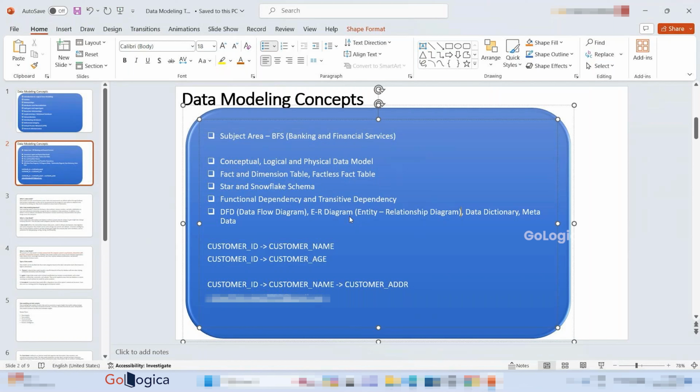And every database must follow the concept of RDBMS or the concept of fact and dimensions. So you must keep in mind whether you are going to create a fact table or a dimensions table.